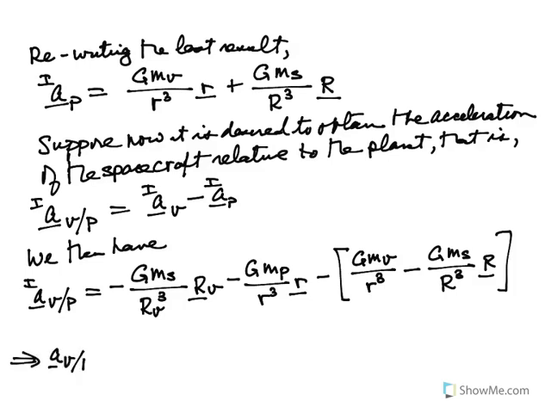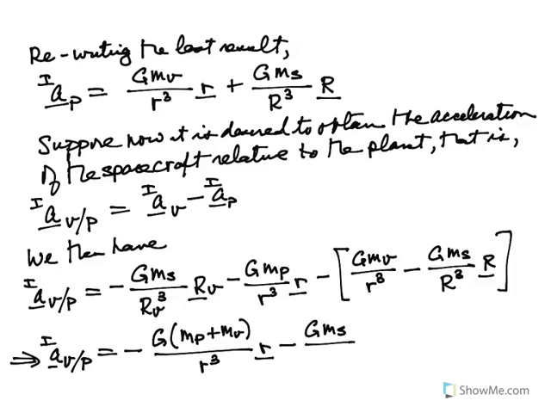So we get the acceleration of the spacecraft relative to the planet is equal to minus, well, if we start combining terms, we've got G, and then we've got the mass of the planet plus the mass of the vehicle, all divided by r cubed times r, and then we have minus G times the mass of the sun, all divided by r_v cubed times r_v, and then the last term is plus G times the mass of the sun, all divided by R cubed times R.